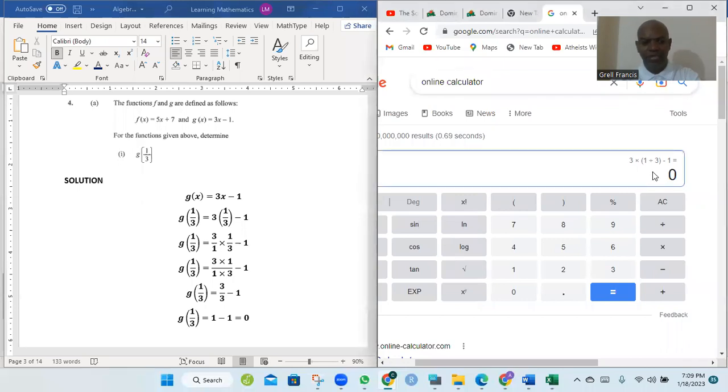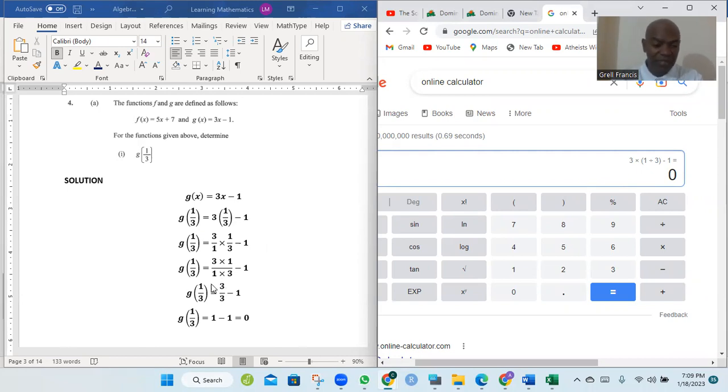And actually, you can put in the entire evaluation, 3 times a third minus 1, and you type enter, you get 0 in one time. So in the exam, in paper 2, you don't have to show all this working, because you can use your calculator.